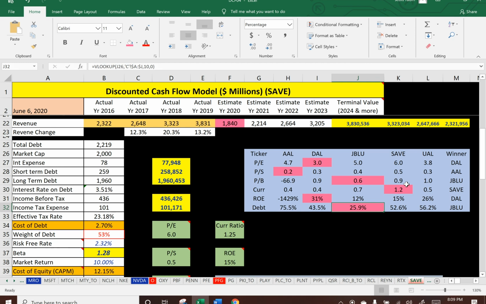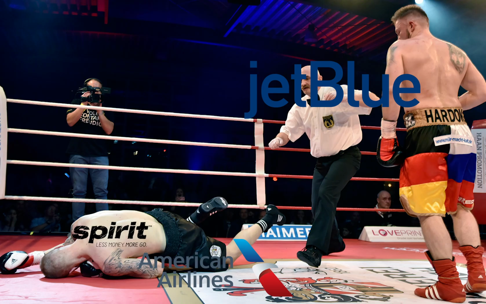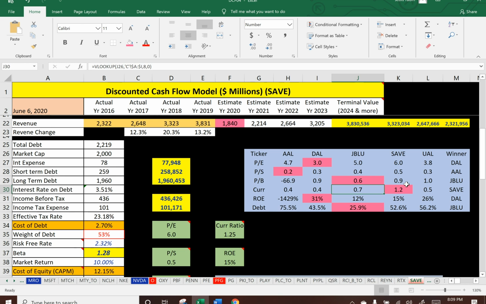And JetBlue has the least debt of the companies. So for all the airlines, JetBlue would probably be in the best shape because they have the least debt. They will need to borrow just to maintain the business, but they still won't be as leveraged as these other companies.